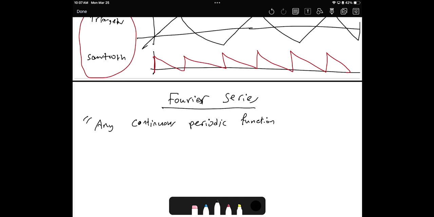We know what continuous means, and we know what a periodic function means, right? Any continuous periodic function can be represented by an infinite sequence of sine and cosine functions.